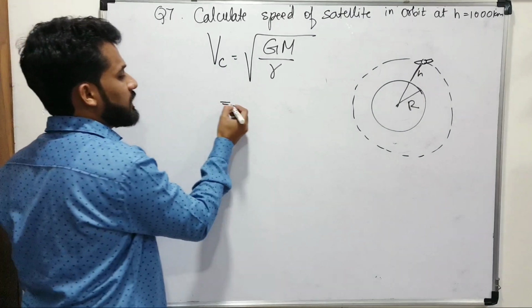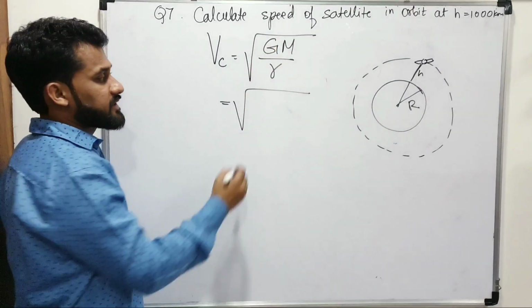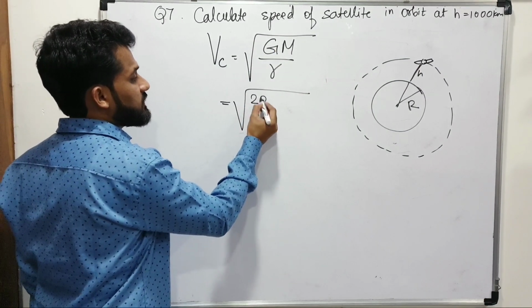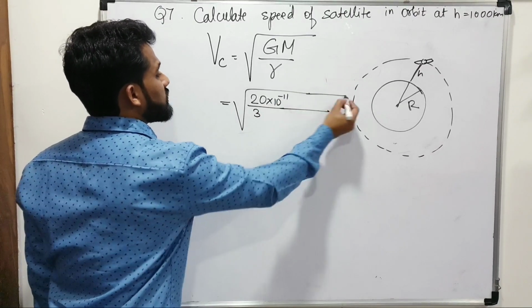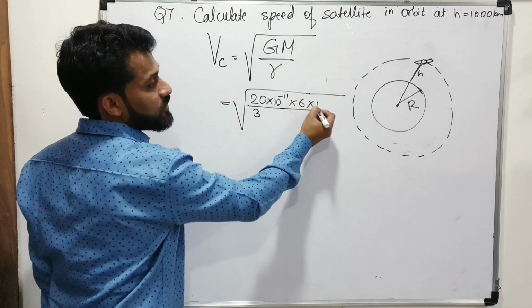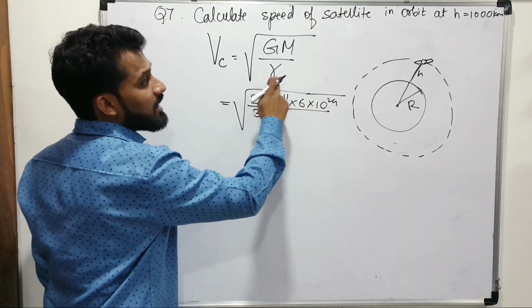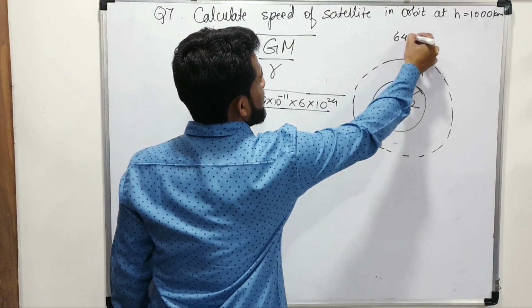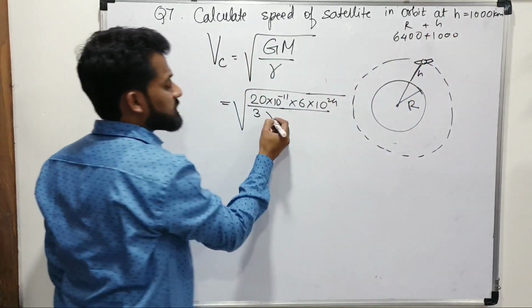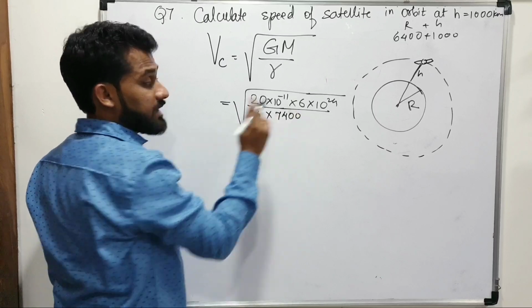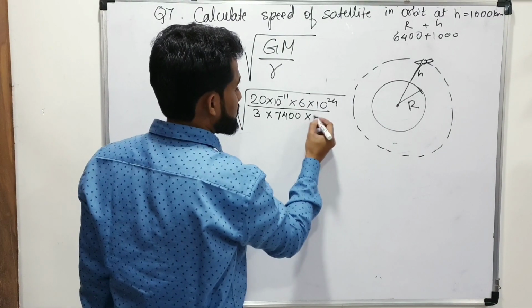So we will put the values. The value of gravitational constant 6.67, which we take as 20 by 3 into 10 raised to minus 11. The mass of earth is 6 times 10 to the power 24 divided by R plus h. R is 6400 and h is 1000, so on addition it becomes 7400 kilometers, so into 10 raised to 3.